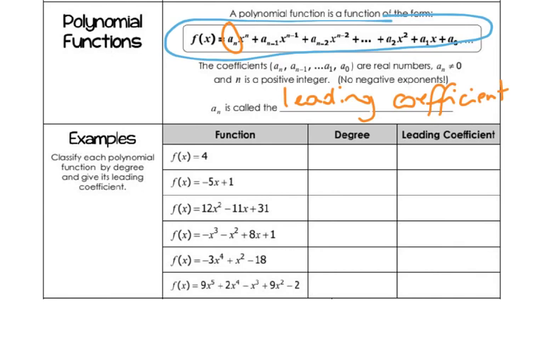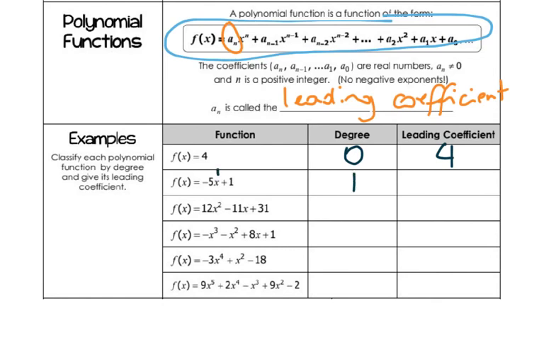So if we look at the first function, f of x equals 4, it has no variable. So it's a constant function, and constant functions have degree 0. And the leading coefficient is 4 in this function. Then the second example, f of x is equal to negative 5x plus 1, is a linear function, and the degree is going to be 1 because there's a variable x and it has exponent 1, to the first power.